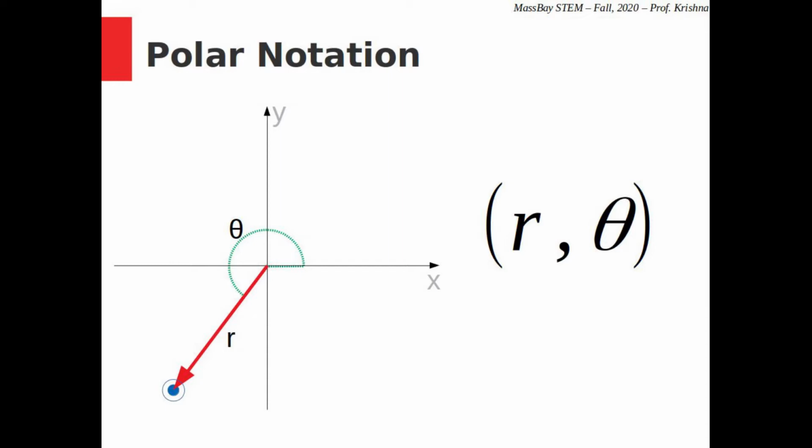The positive x-axis is considered to be 0 degrees, and we measure all angles counterclockwise from there. So positive y is 90 degrees, negative x is 180 degrees, and so forth. There are 3D versions of polar notation, known as cylindrical and spherical coordinates, but we won't use them in this class.